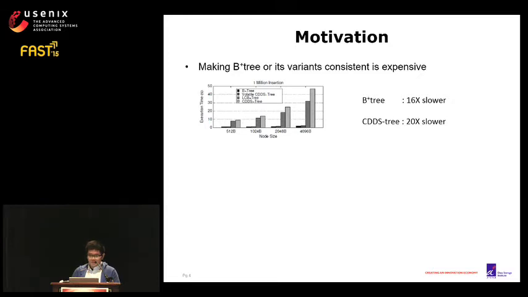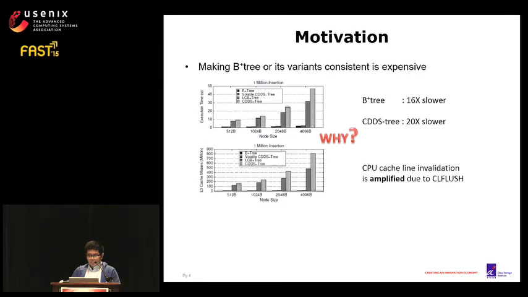For both trees, the consistent version is much slower than the volatile version, 16 times slower for B+Tree and 20 times slower for CDDS-tree. Why? We measured the CPU's L3 cache misses for all the trees and found the reason: the performance degradation is due to the amplification of CPU cacheline invalidation when using the cacheline flush instruction.